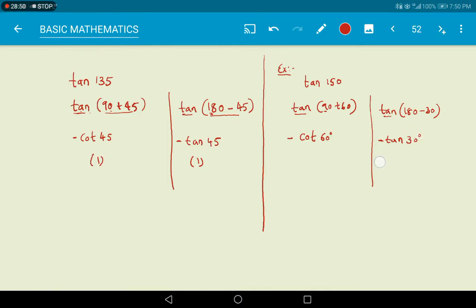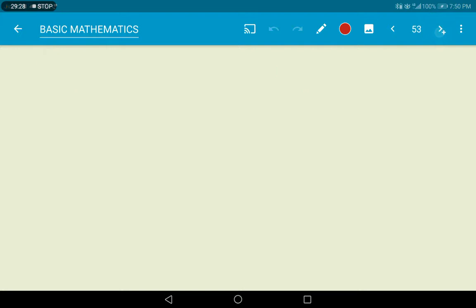So what is the value of tan 30? Tan 30 is 1 by root 3. Therefore the reciprocal of this will also be minus 1 by root 3. In both cases we are getting the same answer. Why? Because tan 60 is root 3, so cot 60 is equal to 1 by tan 60, therefore 1 by root 3. So in this way we can find the angles in any quadrant. Sir, let us take one more example.